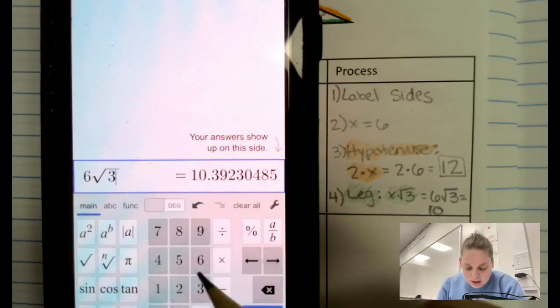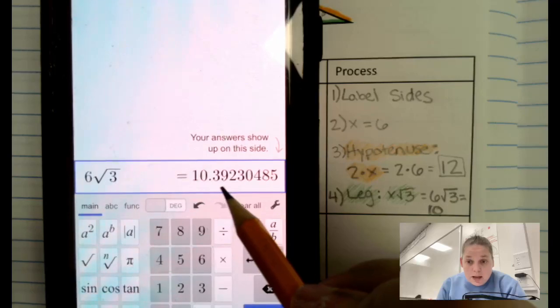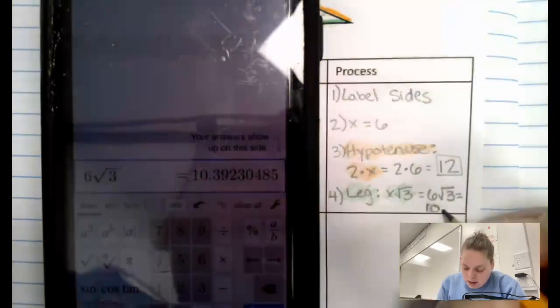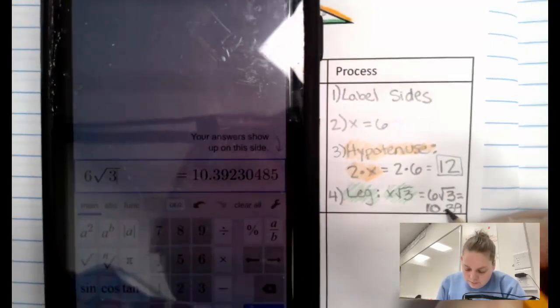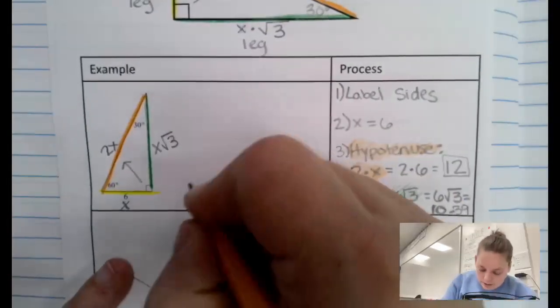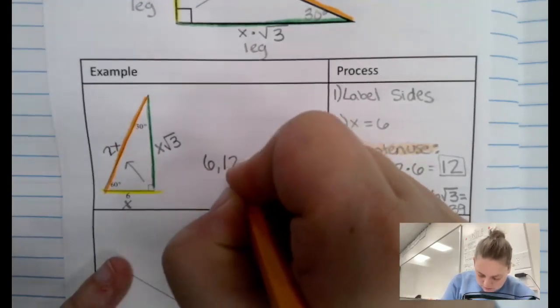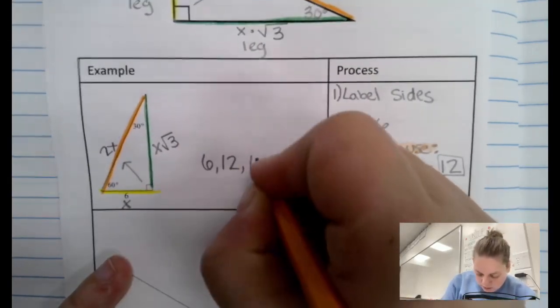So 39, or round to 40. Well, this 2 tells me to keep it at 39. So 10 and 39 hundredths. Okay, so our three lengths here we have is 6, 12, and 10.39.